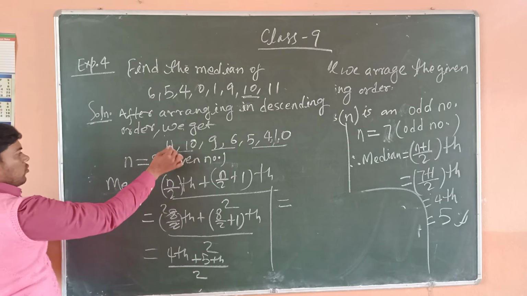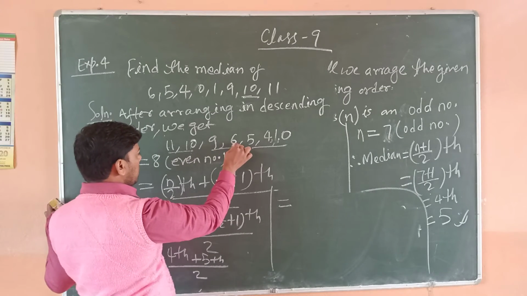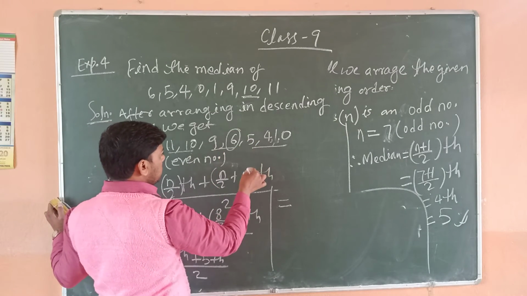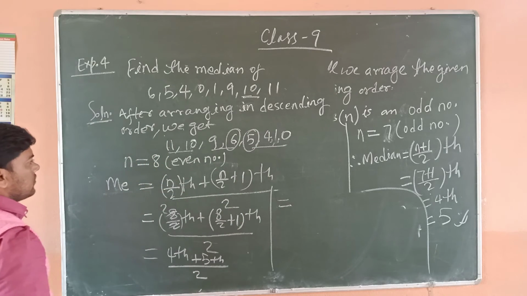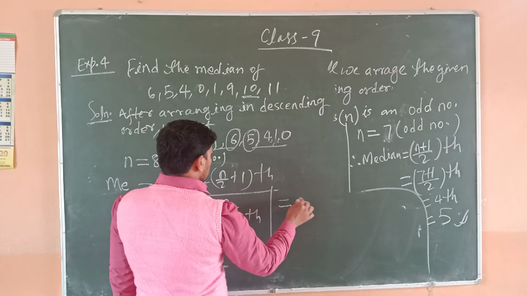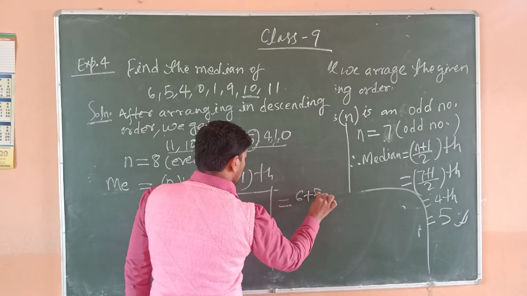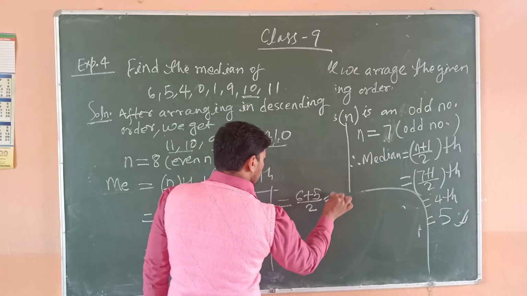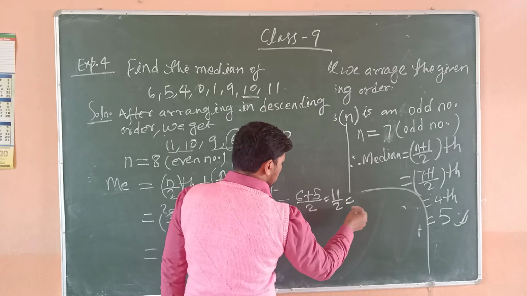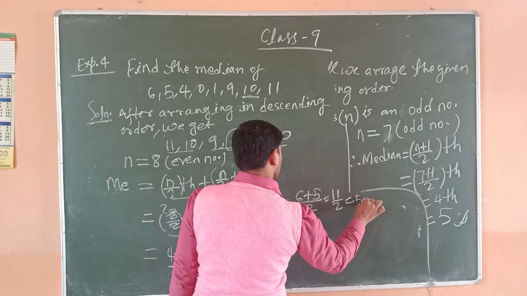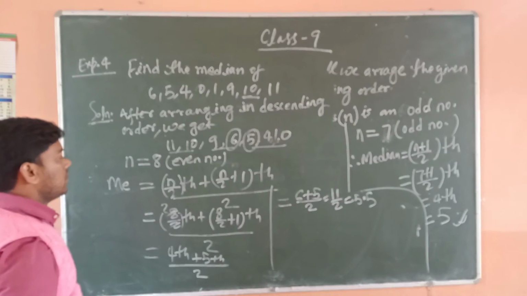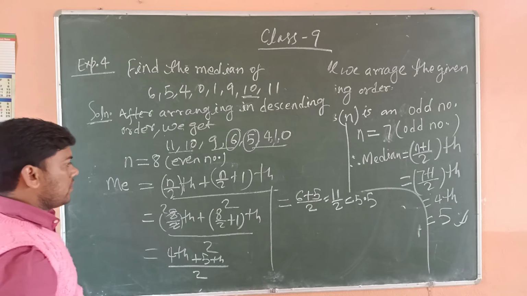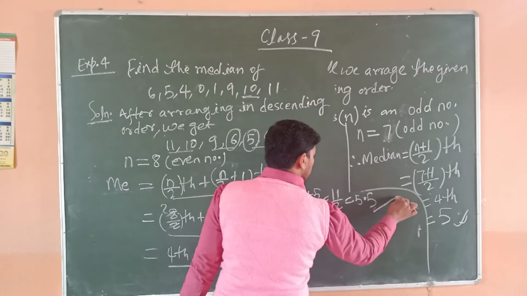See the 4th term: 1, 2, 3, 4. 6 is the 4th term and 5 is the 5th term. 6 plus 5 upon 2, 11 upon 2, is equal to 5.5. It is the median.